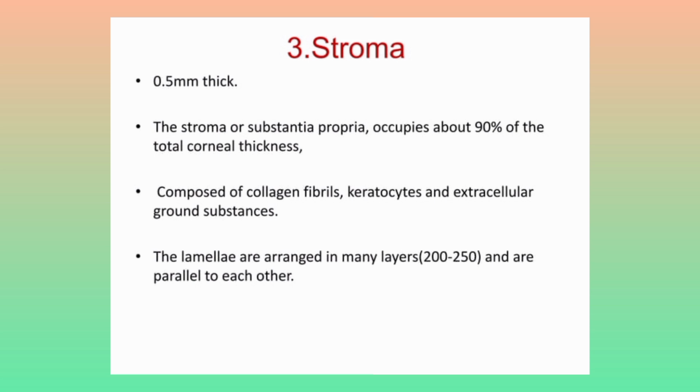Stroma is 0.5 mm thick. The stroma or substantia propria occupies about 90% of the total corneal thickness, composed of collagen fibrils, keratocytes, and extracellular ground substances. The lamellae are arranged in many layers, 200 to 250, and are parallel to each other.